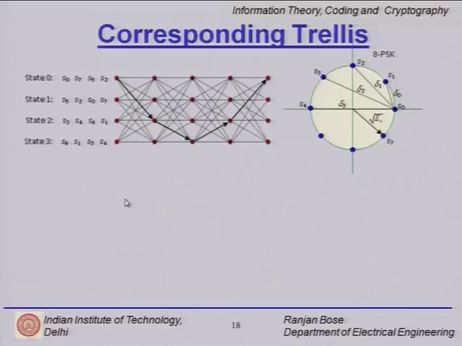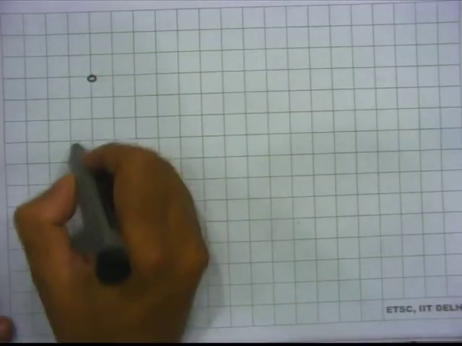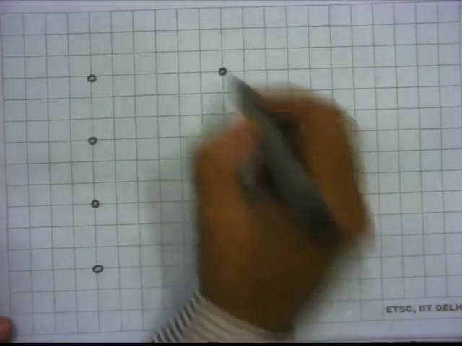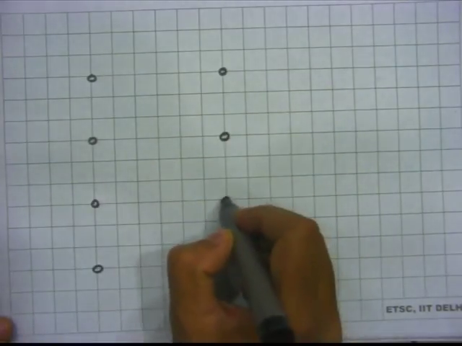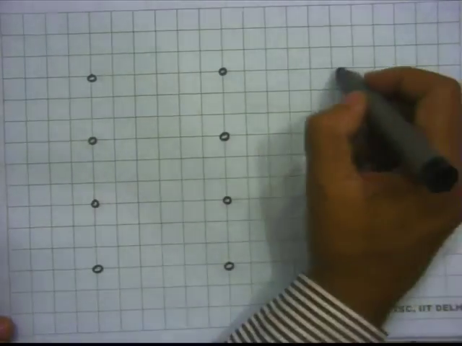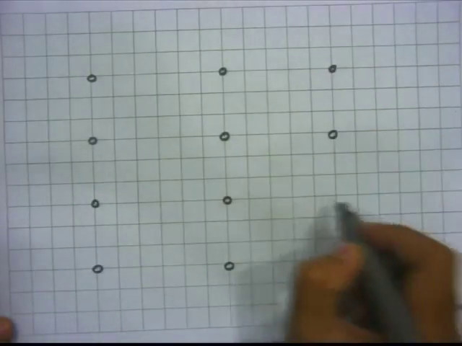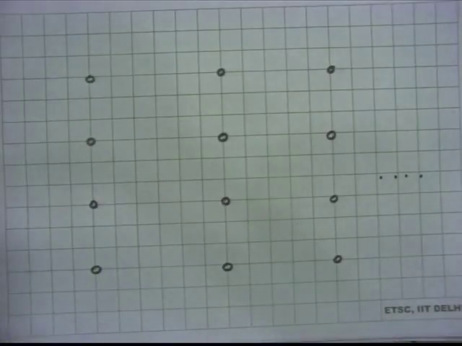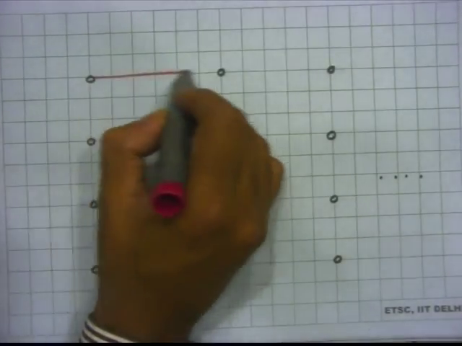So, let us look at it graphically here. So, we draw this trellis diagram. There are 4 states in the trellis, because you have 2 memory units leading to 4 states, and it is a fully connected trellis, which means that each node is connected to every other node.